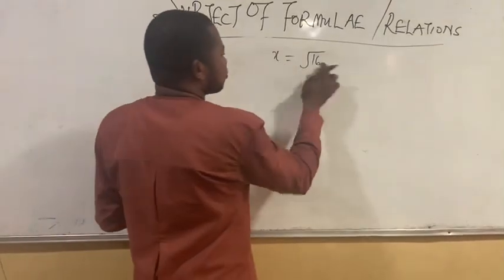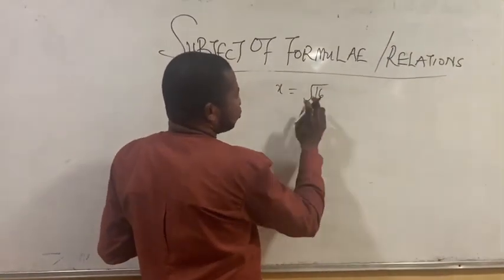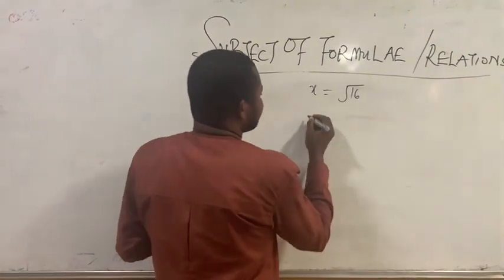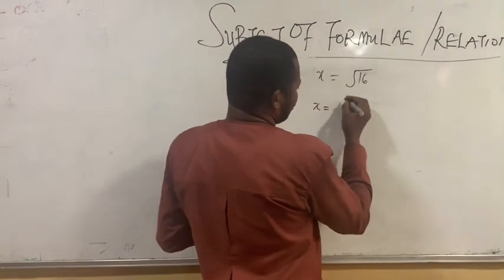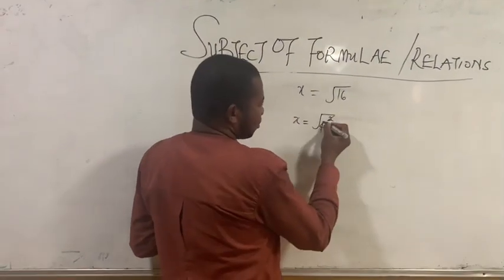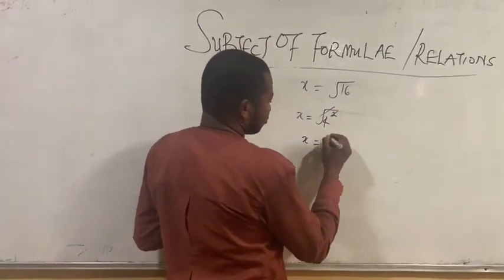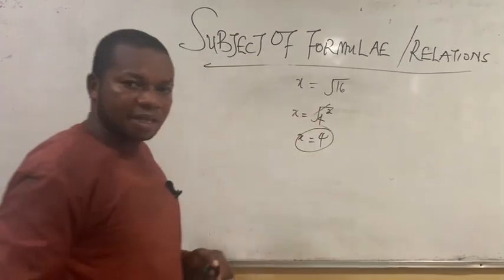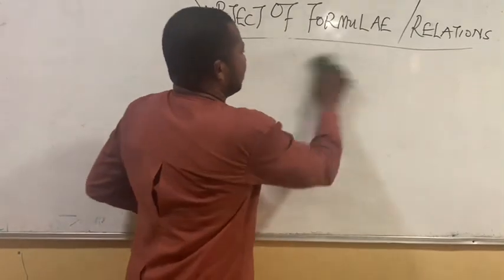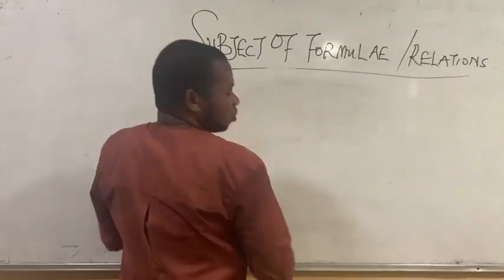Ordinarily, we know that x is equal to root 16, which will give me 4. But if I don't want to do that, I can decide to say x is equal to root of 4 squared. This square, we cancel out this. x is equal to 4. That is that. Now, let's go back to our equation.